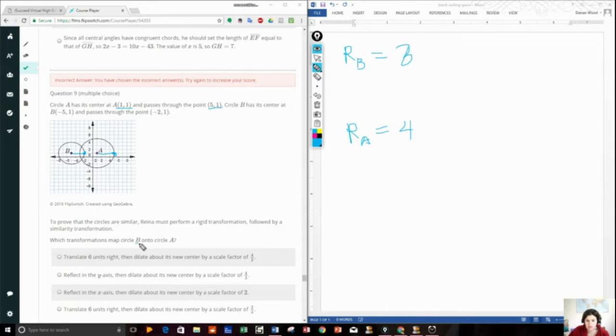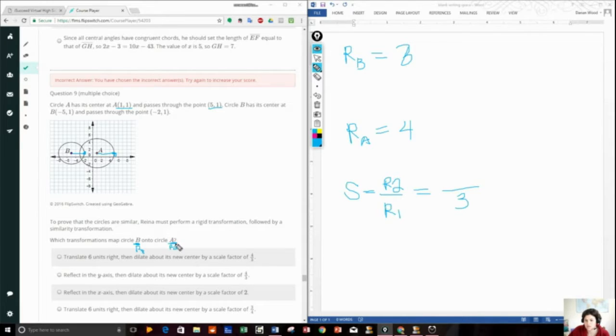And then they want us to map circle B to circle A. So this is going to be our R1, and this is going to be our R2. So our scale factor is equal to R2 divided by R1. And since the radius for circle B is R1, wherever R1 is, I'm going to write in a 3 by substitution.